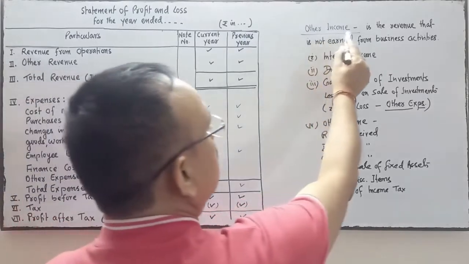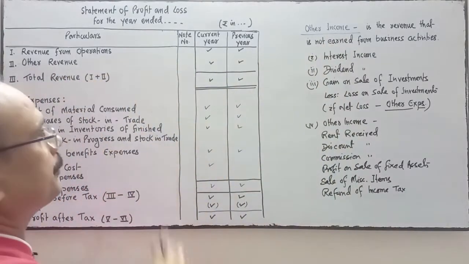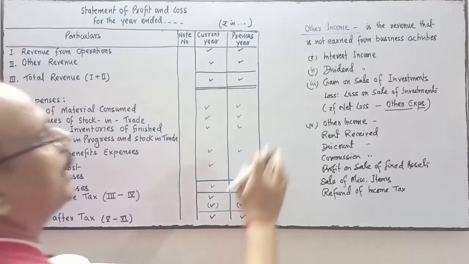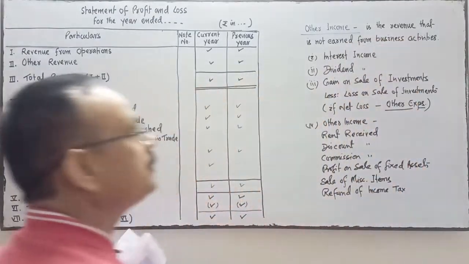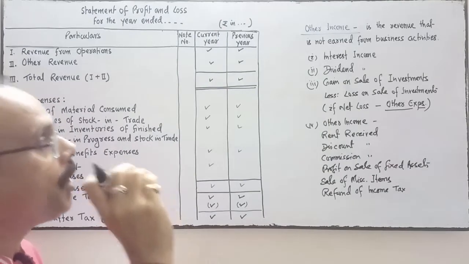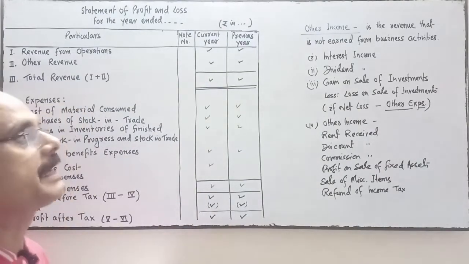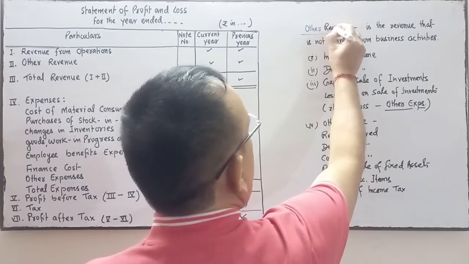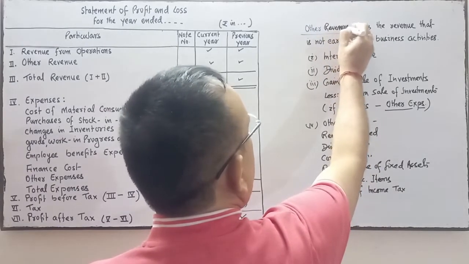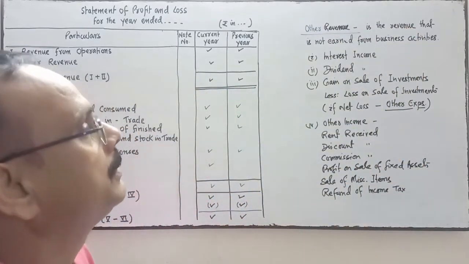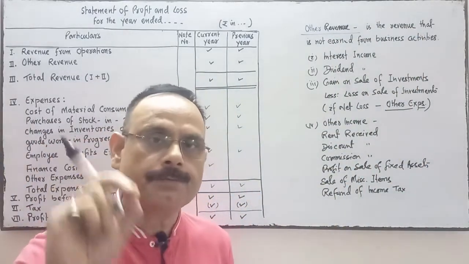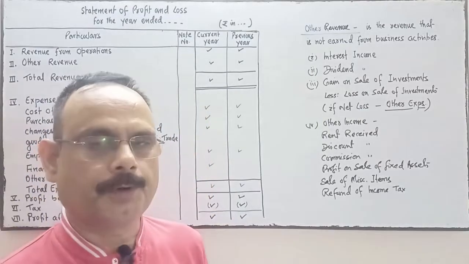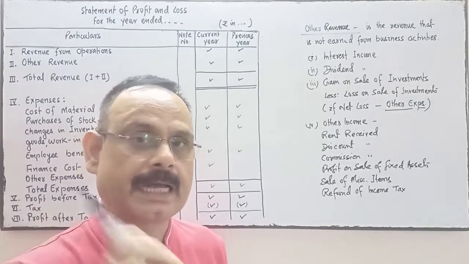So other income, other revenue, is the revenue that is not earned from the main business activities for which the company is established.